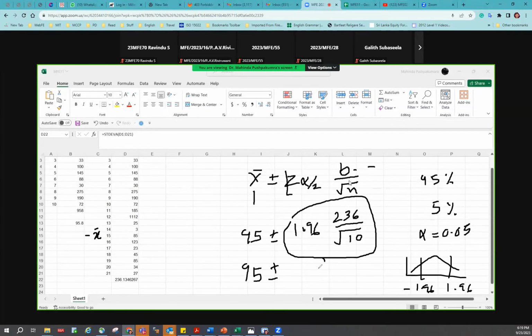Please calculate and send your answer into the chat box quickly. 1.96 times 236 divided by square root of 10. Please quickly send your answer.